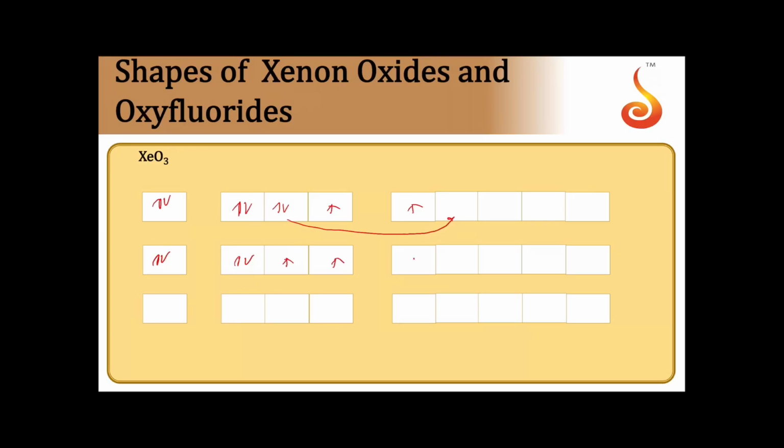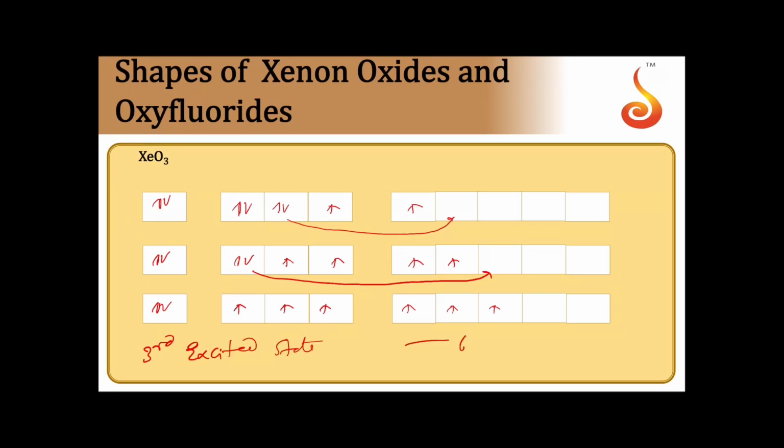So this will be the second excited state. And 1 more gets excited, then you are going to get 6 unpaired electrons, meaning 1 more going here. This is now the third excited state.